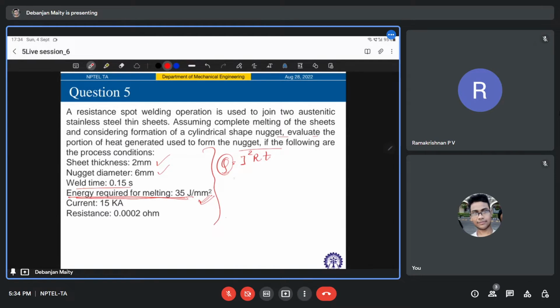And from here, if we somehow find out the total heat, we need to evaluate the portion of heat generated used to form the nugget. So it will be something like this.